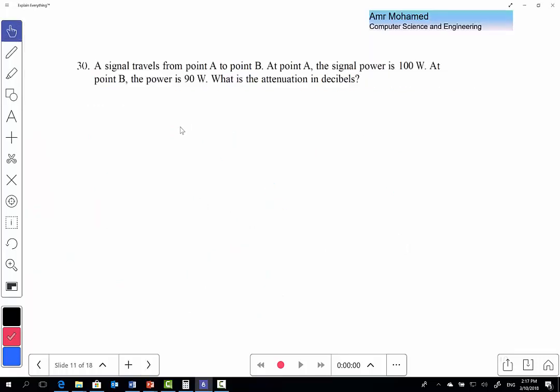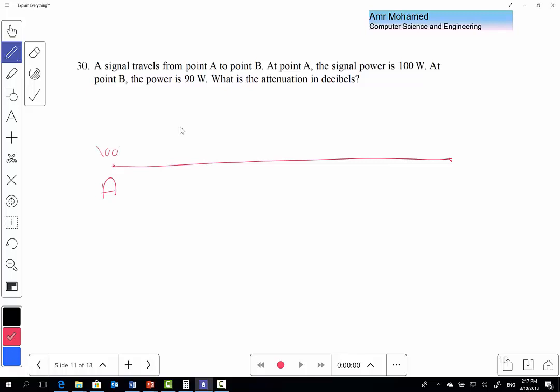So next exercise, if a signal travels from point A to point B. At point A, the signal power is 100 watt. At point B, the signal power is 90 watt. So what is the attenuation in decibel? Of course, obviously it's an attenuation because the signal has decayed.